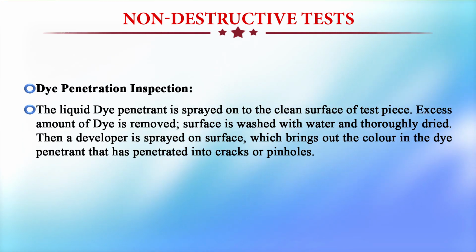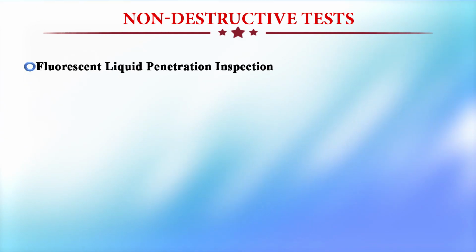Excess dye is removed. The surface is washed with water and thoroughly dried. Then a developer is sprayed on the surface, which brings out the color in the dye penetrant that has penetrated into cracks or pinholes.